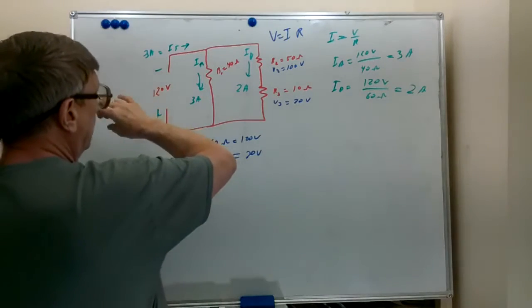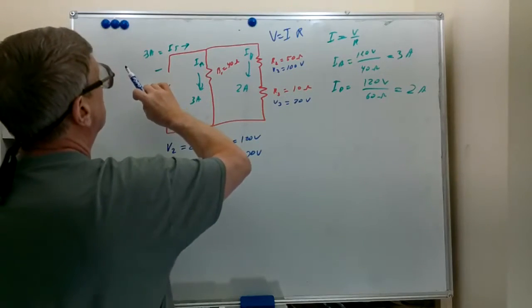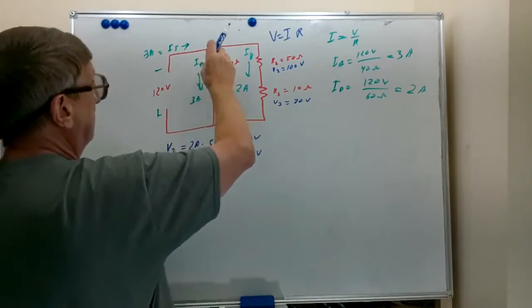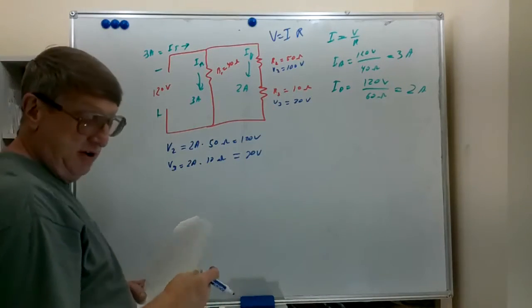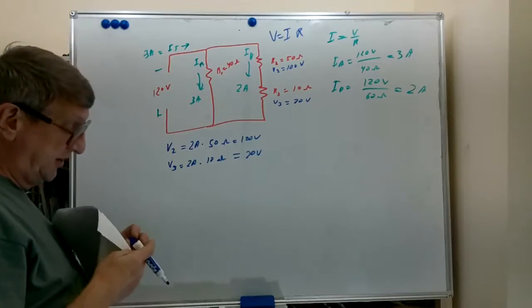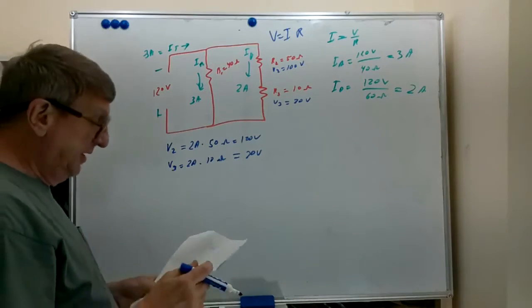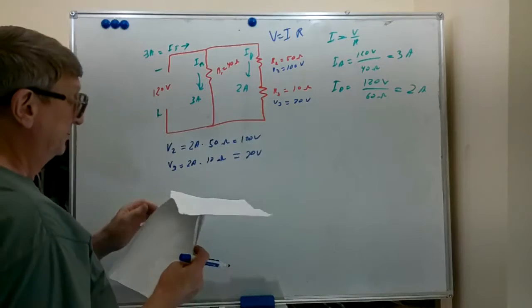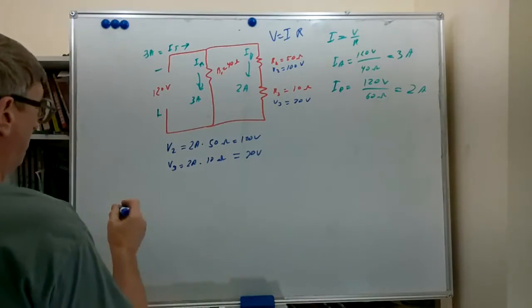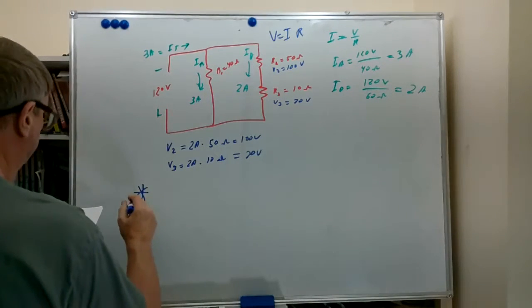The 120 volts supplied causes 3 amps here and 2 amps here. And this illustrates that first rule that we had talked about. Rule number 1, I'm just going to put a big star here.